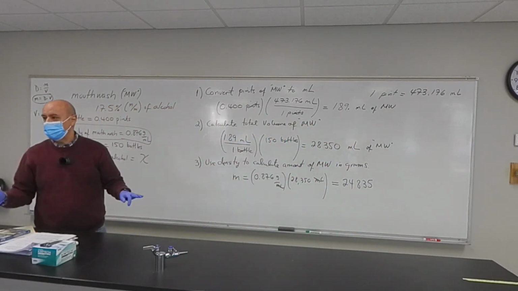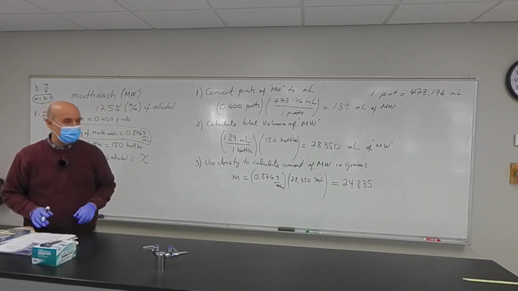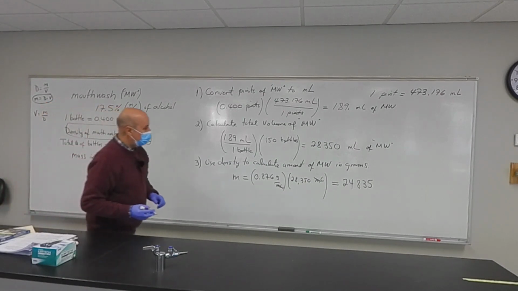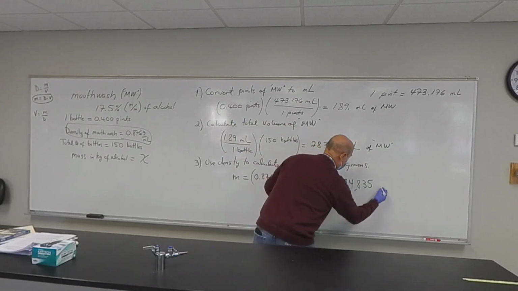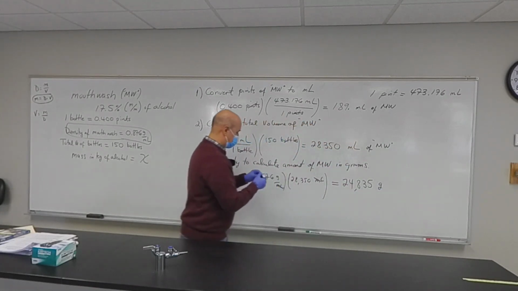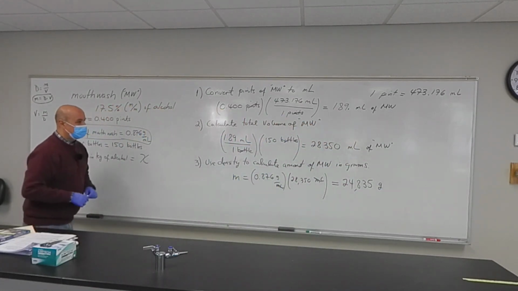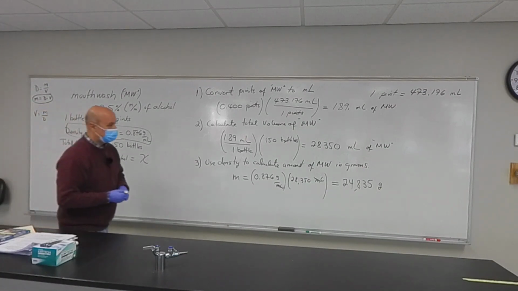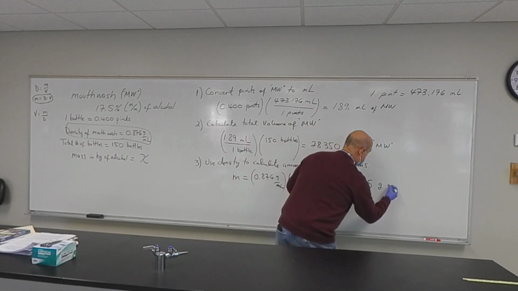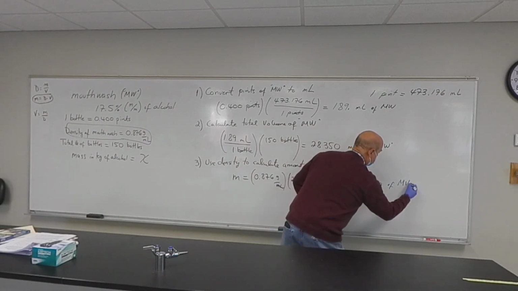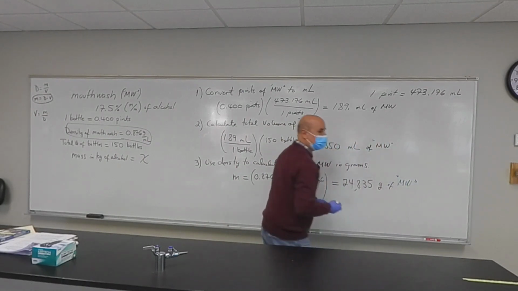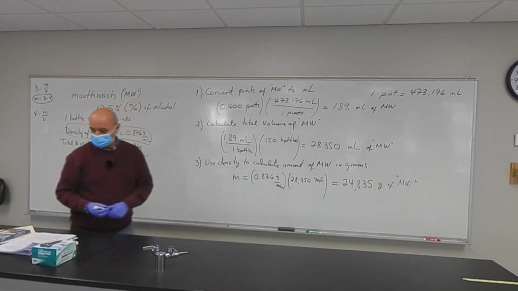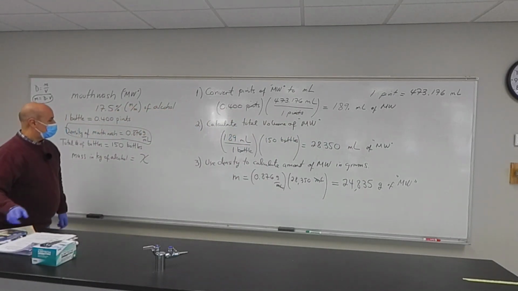No particular reason. You know, we're rounding up a little bit here, rounding off. And the units are grams. We're almost there, you guys. These are grams of mouthwash in the 150 bottles of mouthwash.